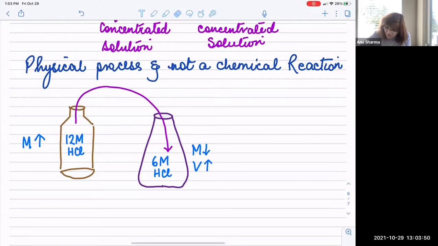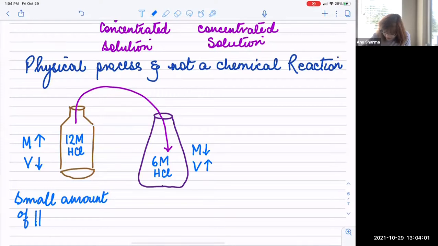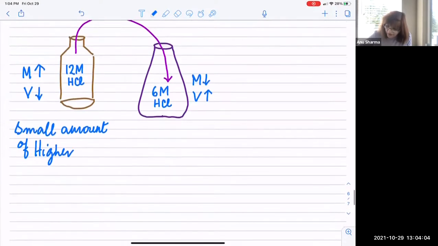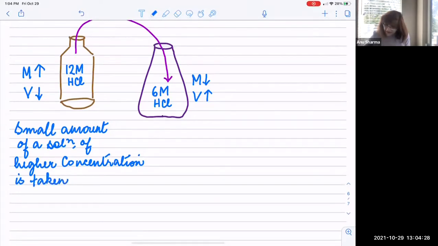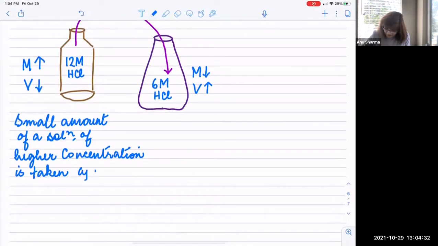So you take this little amount, a small amount of a solution of higher concentration, and pour it into an empty flask.